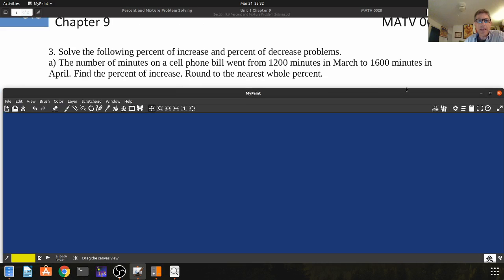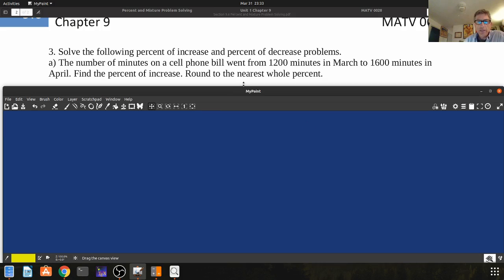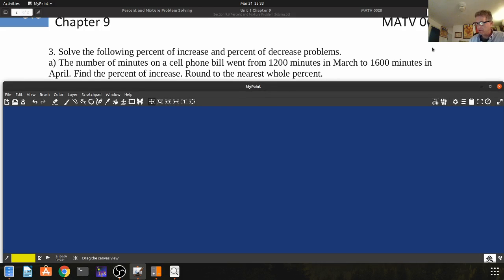Okay, so here we have percent increase and percent decrease. So here are the formulas. I'm just going to give you the percent increase, and it's easy to derive the percent decrease.